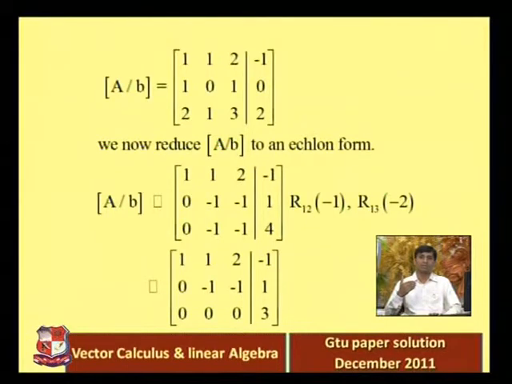We have to convert this matrix into a row echelon form, so we multiply the first row by minus 1 and add it to the second row. We multiply the first row by minus 2 and add it to the third row.